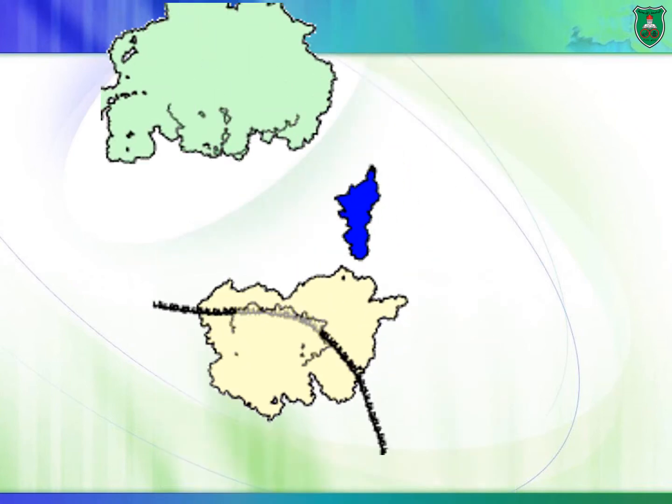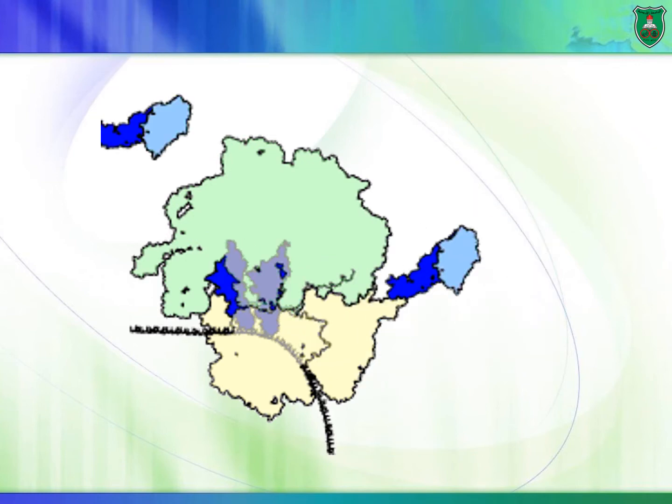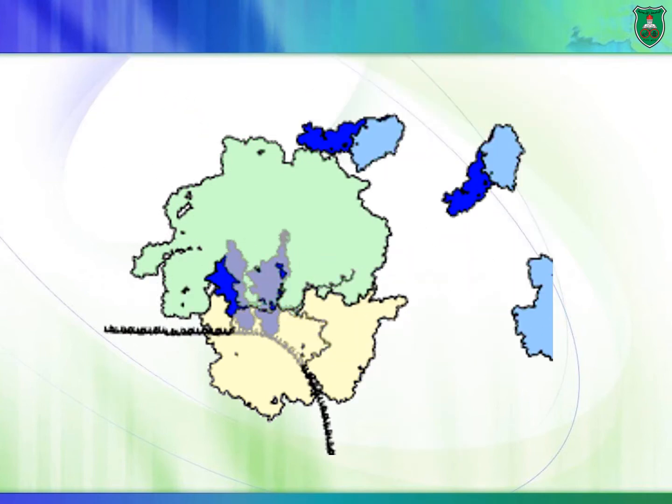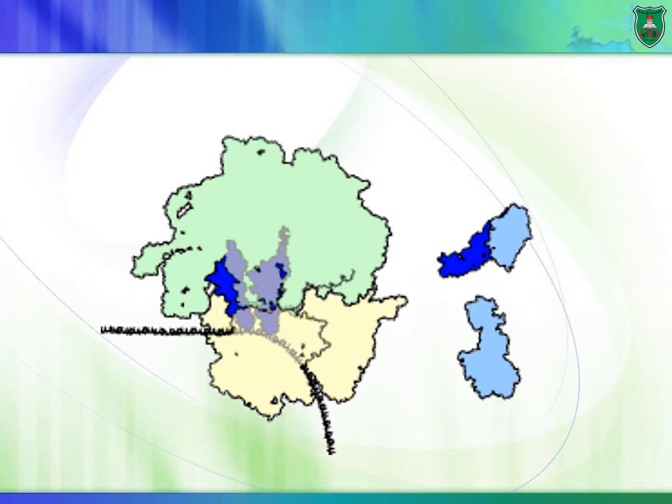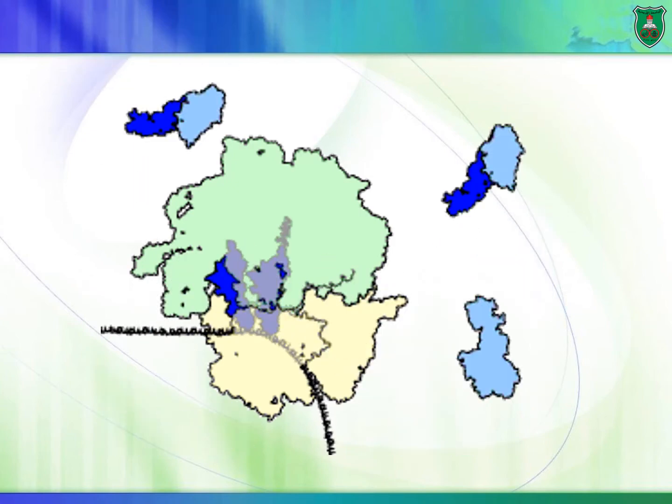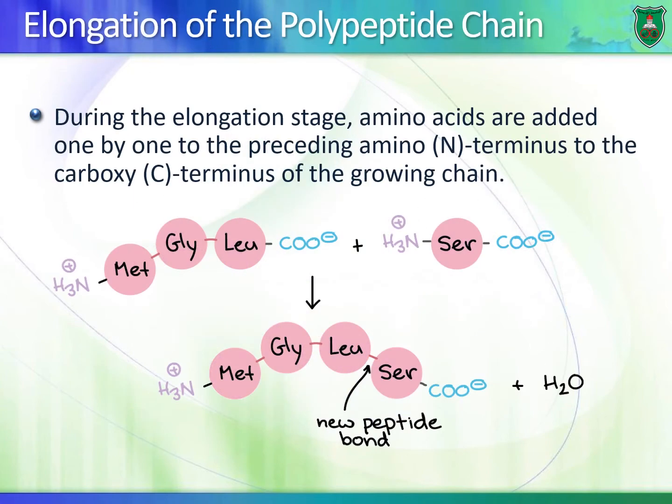It goes on and on like this. I have this formation right here. That's how it works, and it's the ribosome that moves. Okay, so the peptide is elongated from the N terminus to the C terminus. We talked about that in biochemistry.